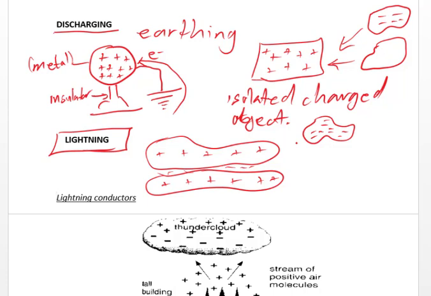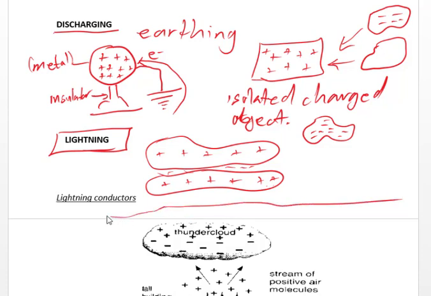So what happens then is these charges will attract the opposite charges. If this is positive, it will attract negative charges from the ground, because the electric field between the cloud and the earth will now be strong.